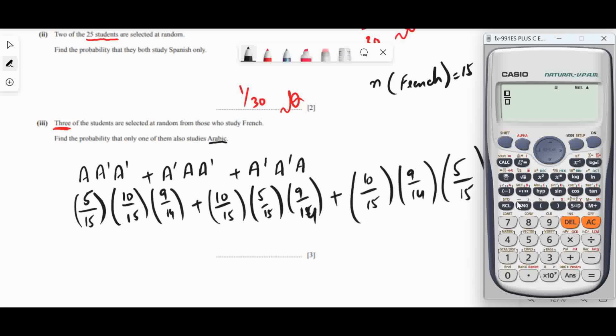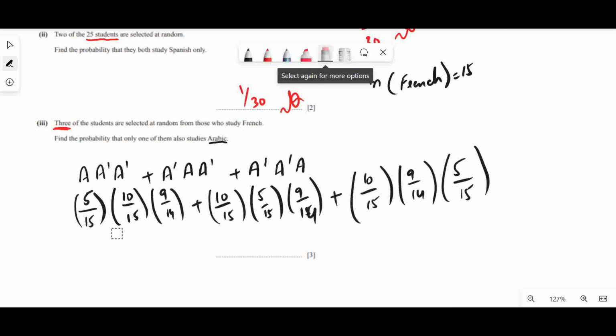So we can find it out like 5/15 multiplied by 10/15 multiplied by 9/15. There is a slight change in it. For example, for the first pick, if it is 15, then the next one will affect the total number of French students.